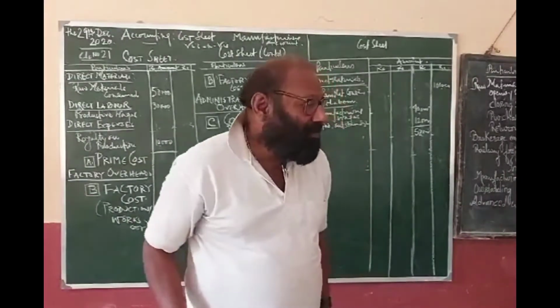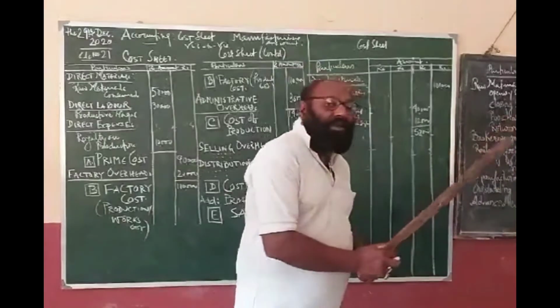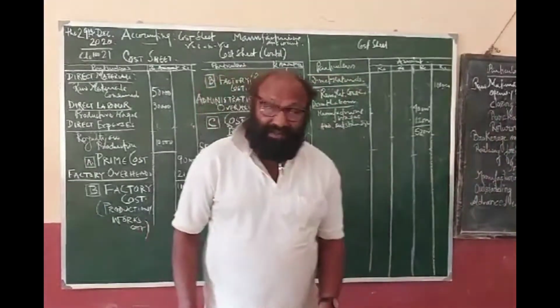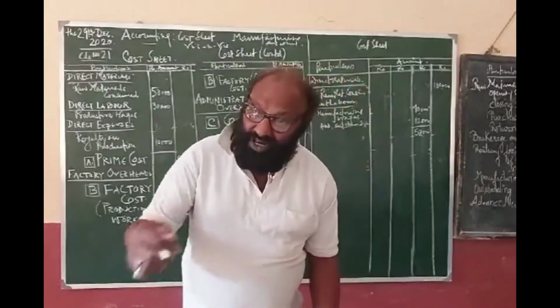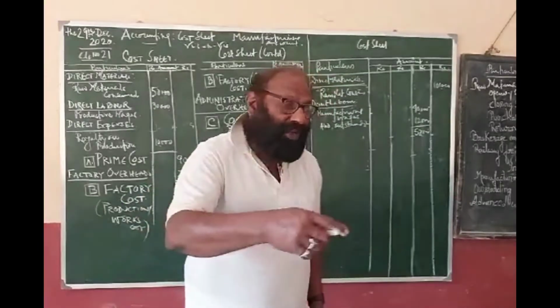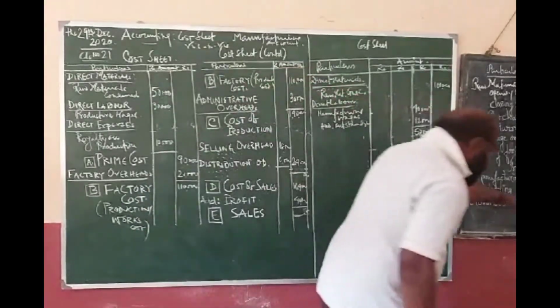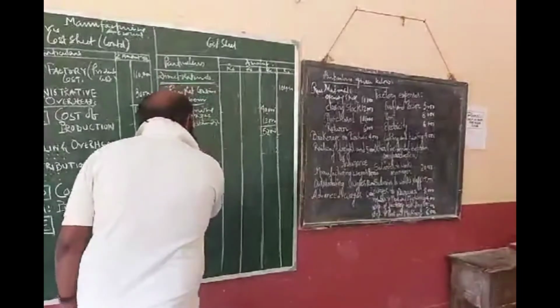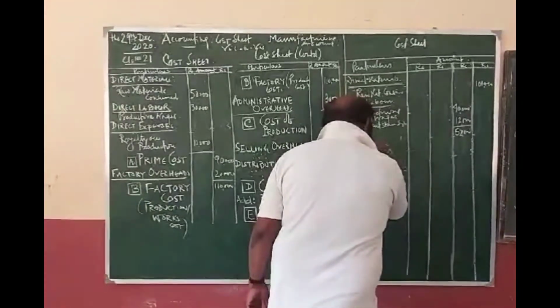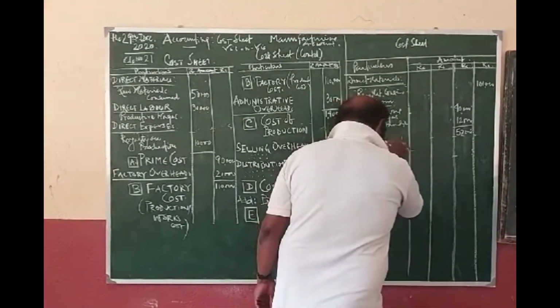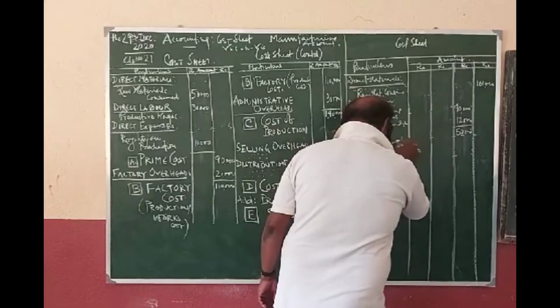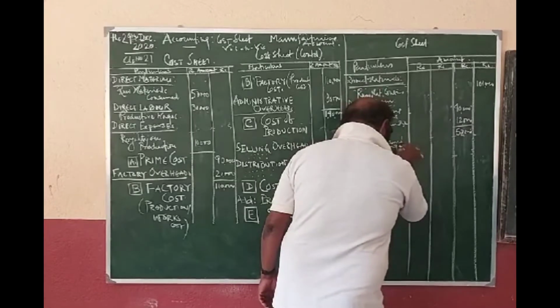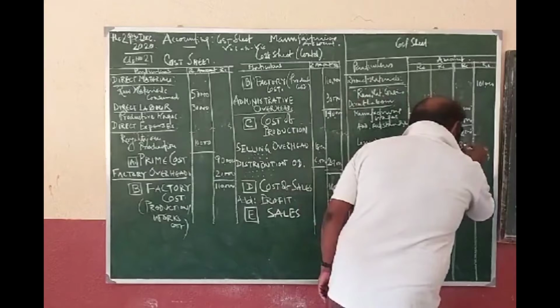And very often you have to make some advance payment of the wages. Services not received but it has been paid. So it is your asset. And advance wages over here is 8,000. Less advance wages, 8,000.